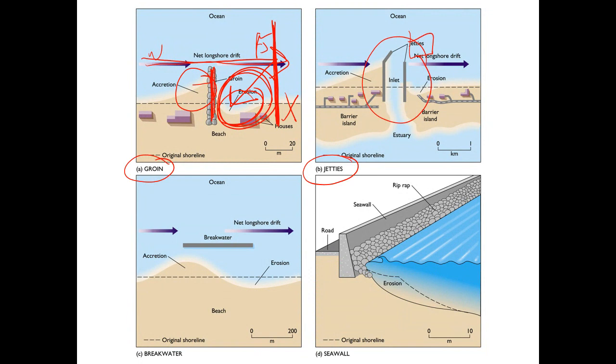A jetty can, doesn't have to, contain this little sort of hook. All that does again is allow for the erosion to get pushed around, for the longshore current to get pushed around. So the erosion gets dumped on this side and you have an even greater buildup on this side. We do this a lot with inlets because there has to be navigable water, where boats can go through, in this location.